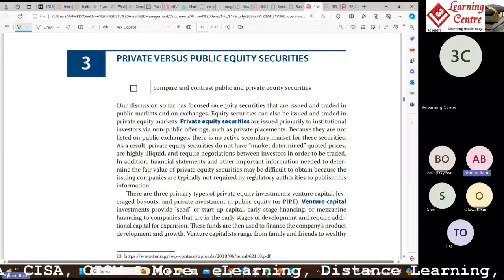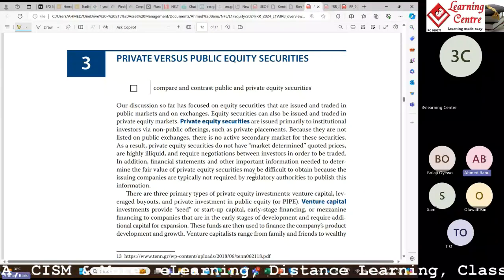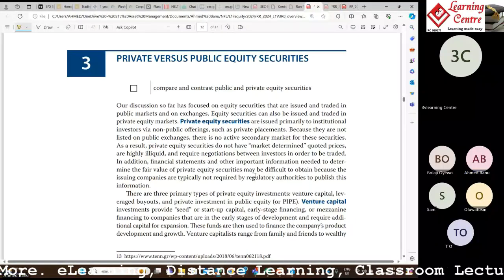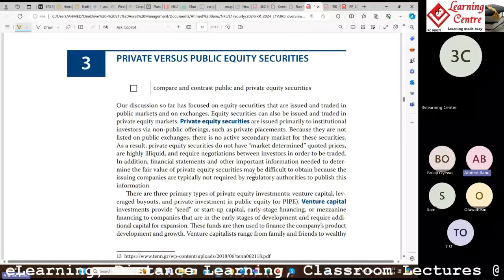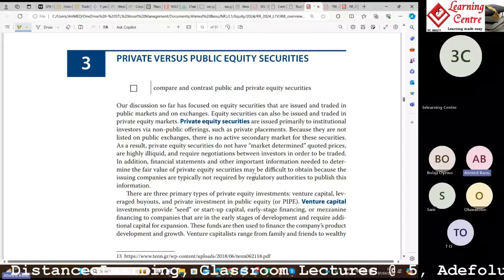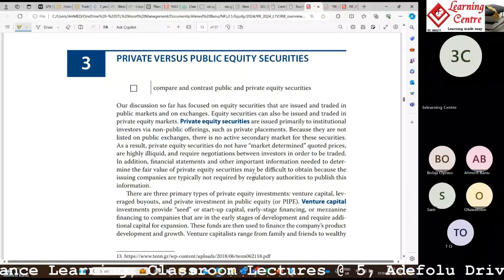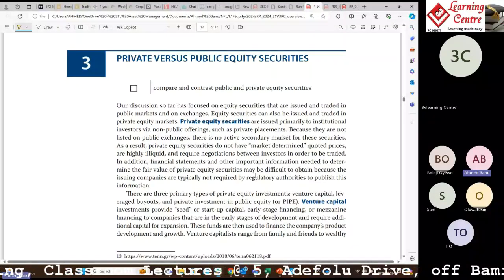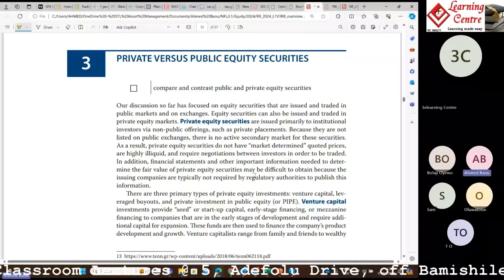Let me rephrase. For a private limited liability company, the shares of that company are private equity securities. A company that is listed on an exchange is a public listed company, or public limited liability company.